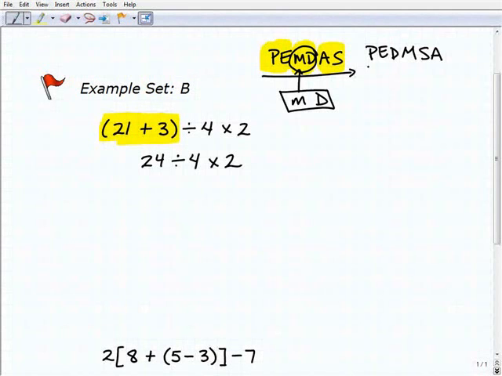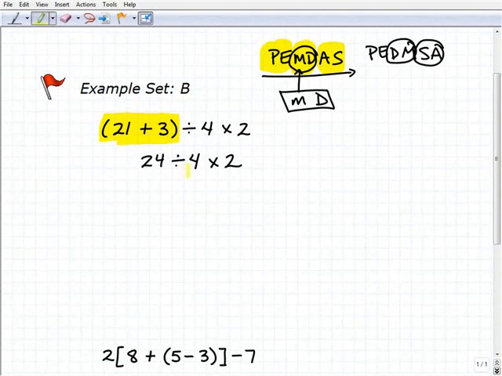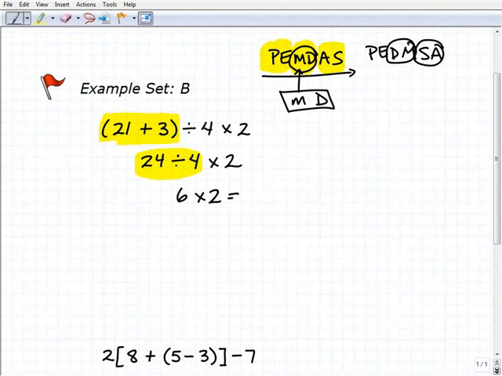I won't even try to attempt to say that phrase. But it just goes to the point that multiplication, division, or division, multiplication is whatever you see from left to right. So in this case, we see the division first, so 24 divided by 4 is, of course, 6, and I have 6 times 2, and that is 12.